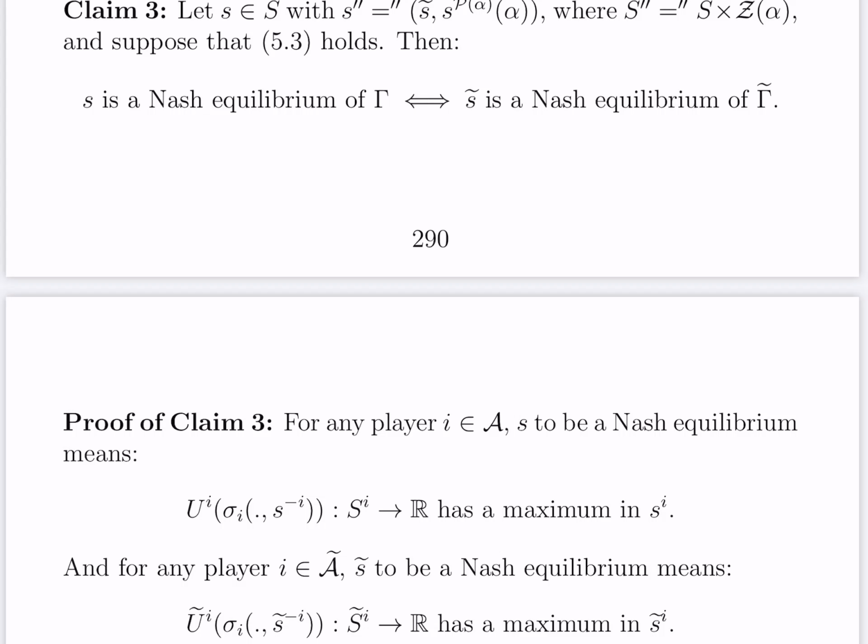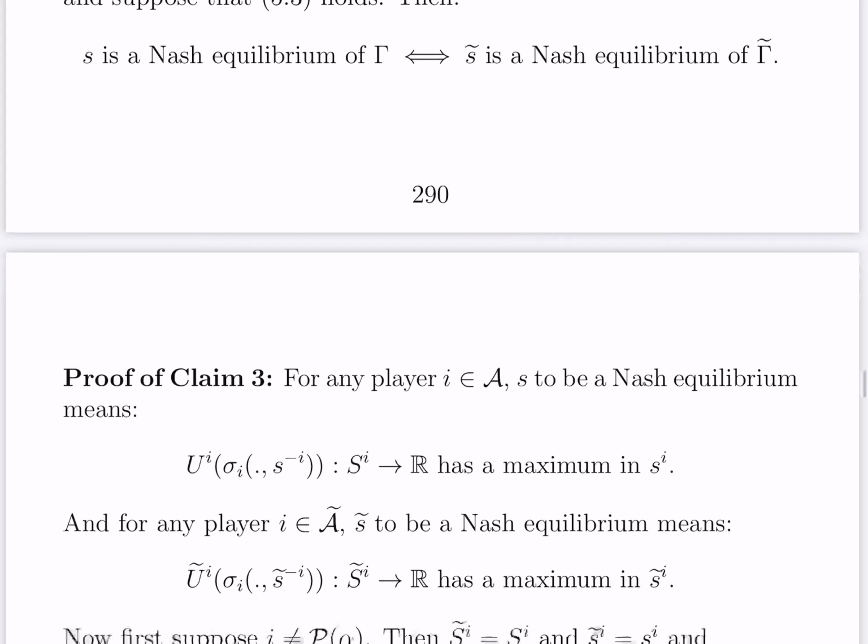That is the usual definition of a Nash equilibrium. And similarly, for any player in the restricted game, the restricted strategy combination is a Nash equilibrium if the utility function where S tilde minus I is fixed has the maximum at the strategy S tilde I of player I. This is again essentially the definition of the Nash equilibrium. So we have to work with this explicit description.